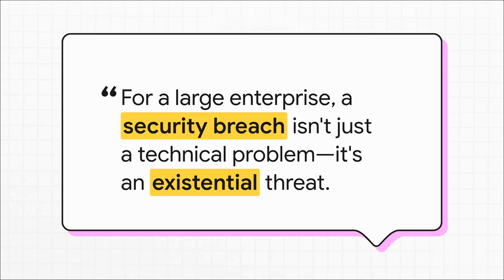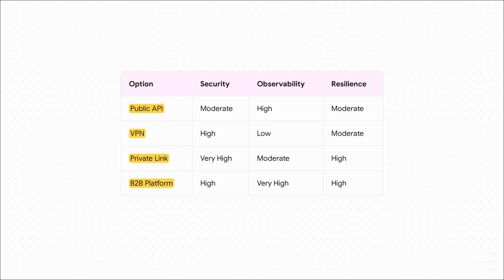And this right here is the crucial point. For a giant like Titan Corp, the number 1 non-negotiable priority is always going to be security. They have a massive reputation to protect, all kinds of regulations to follow. A single weak link is just not an option, and that fact heavily influences this decision. Okay, so when we actually score these options against our pillars, some really clear trade-offs start to pop out.